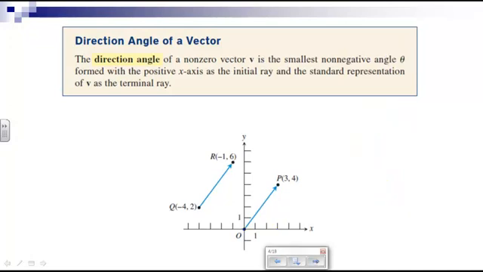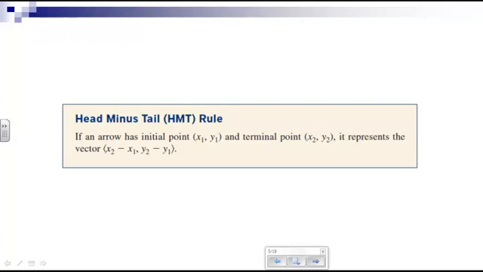All right. The head minus tail rule. If we're given a vector, let's talk about the vector that runs from -3, 3, and it runs down here to the point -1, 0. Okay, that's a vector. But if we want to write it in component notation, we use something referred to as the head minus tail rule.